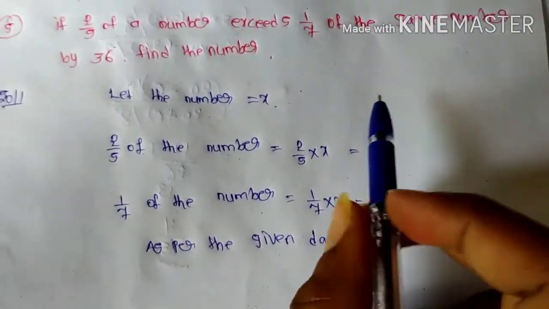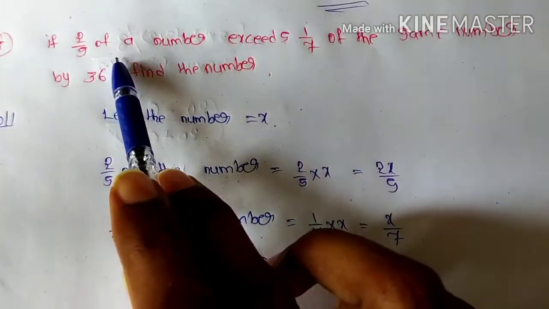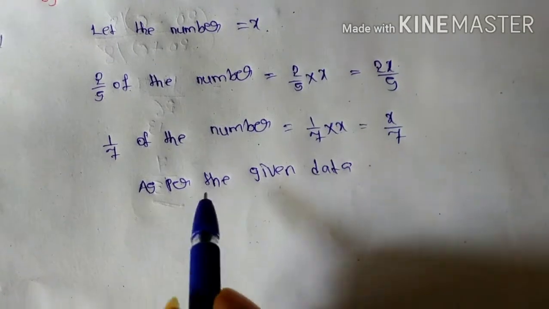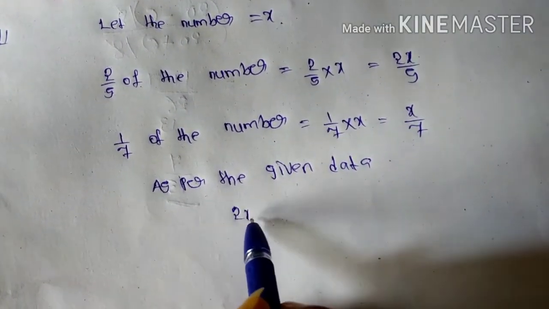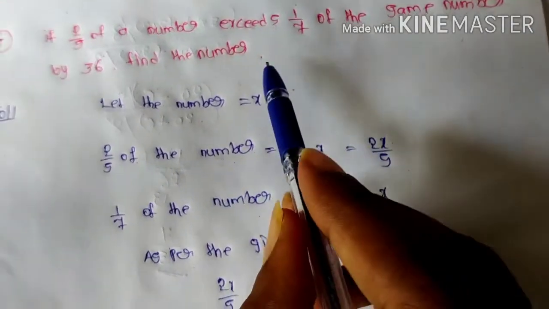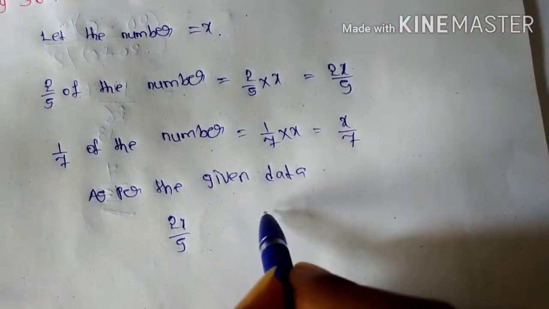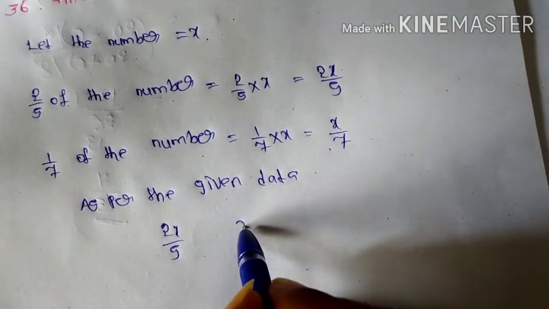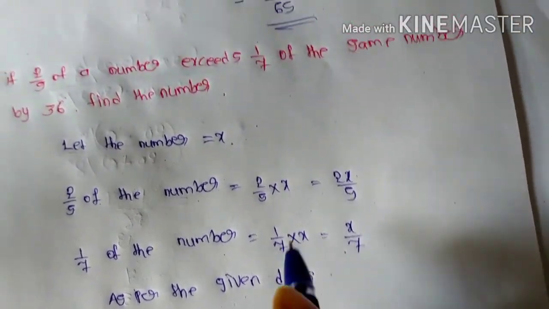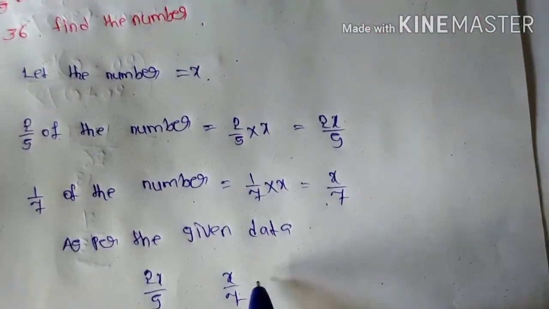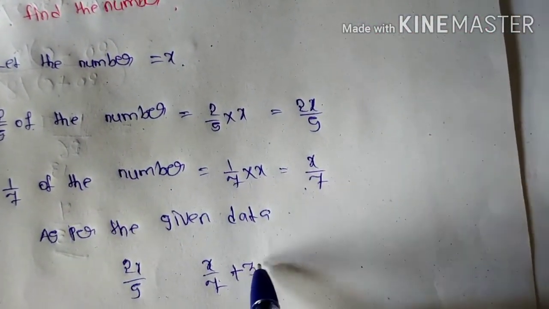As per the given data, once you observe here, 2 by 5 of a number is 2x by 5, which exceeds 1 by 7 of the same number. 1 by 7 of the same number will be x by 7. It exceeds by how much? 36. That means you can write here plus 36.